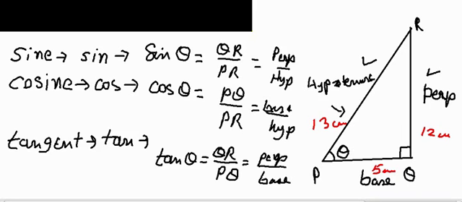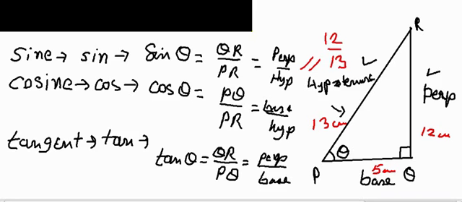If we have to find sine theta for this angle theta, sine theta, as we studied, is perpendicular by hypotenuse. Perpendicular is 12 and hypotenuse is 13. This is the ratio we get for sine theta.